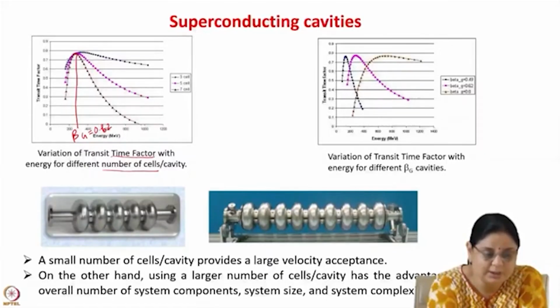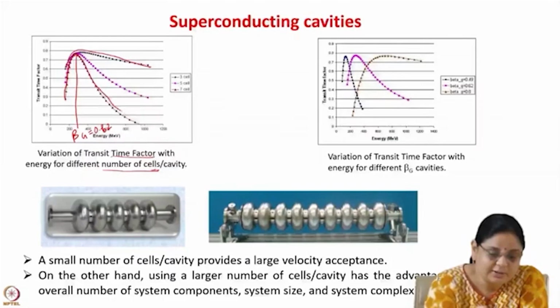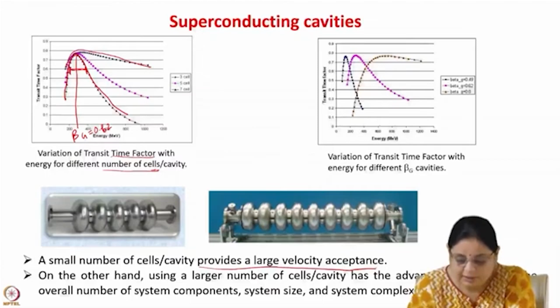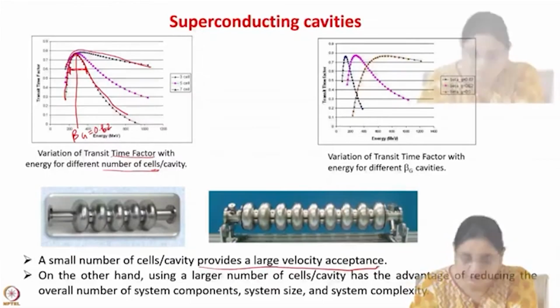If you use three cells per cavity, then the transit time factor curve is like this. If you use 7 cells per cavity, the transit time factor is like this. So as you see, the velocity acceptance comes down. A smaller number of cells per cavity provides large velocity acceptance.